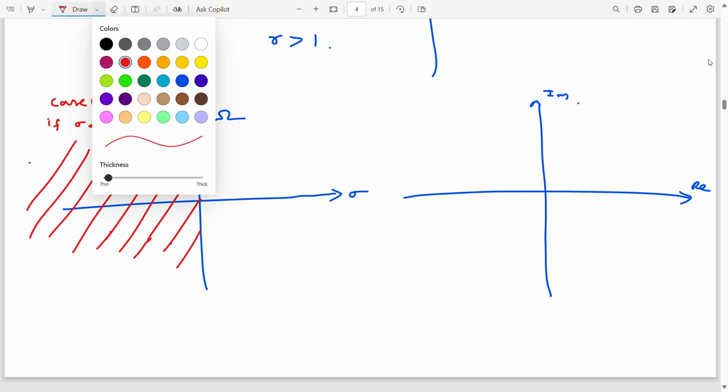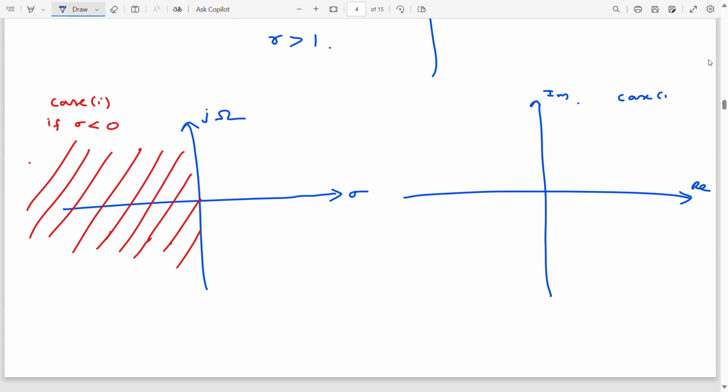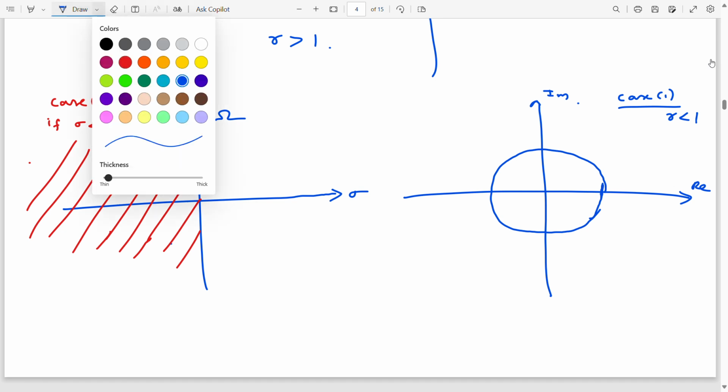Then this will be mapped. Here the case 1 represents R less than 1. So R equal to 1 is represented by a circle whose radius is unity.